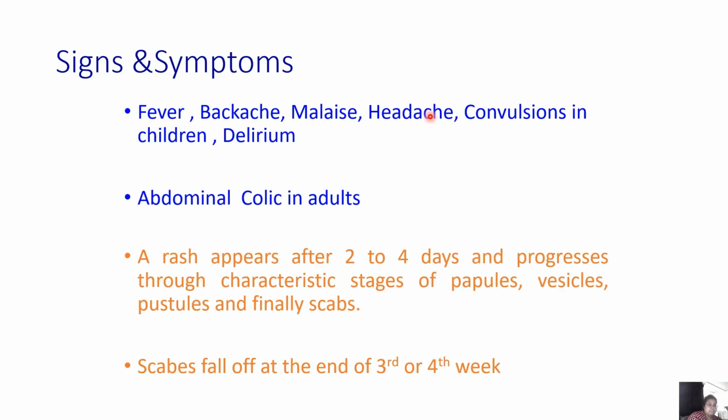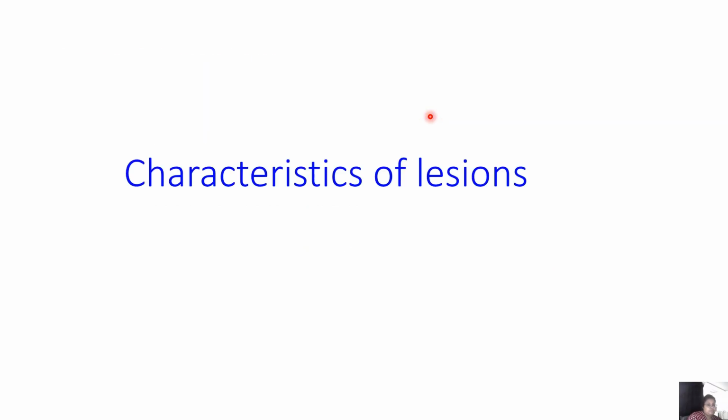What are the signs and symptoms? Fever, backache, malaise, headache, convulsions in children, delirium, abdominal colic in adults. A rash appears after 2 to 4 days and progresses through papules, vesicles, pustules, and finally scabs. The scabs fall off at the end of the third or fourth week.